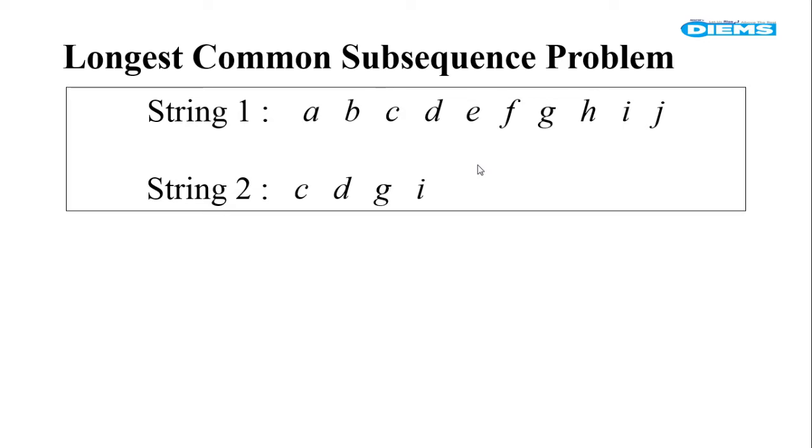See the example: string 1 and string 2 are given on the screen. We will try to match the characters from both the strings. C is matching in both strings, D is also matching, G is also matching, and I is also matching. So how many characters are matching in both the strings? C, D, G, I. These four characters are matching in both strings.